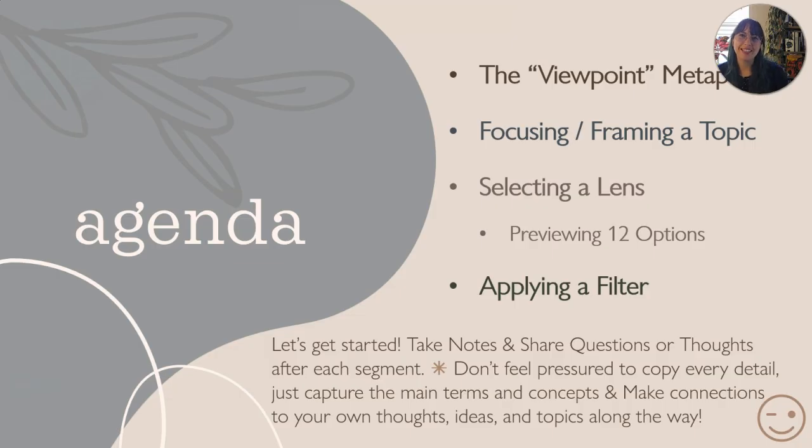Then we will look at selecting context lenses. We will be previewing 12 options today, and then applying a filter, another kind of metaphor for how we use language choices within that rhetorical situation in order to give some style and attitude to our voice.